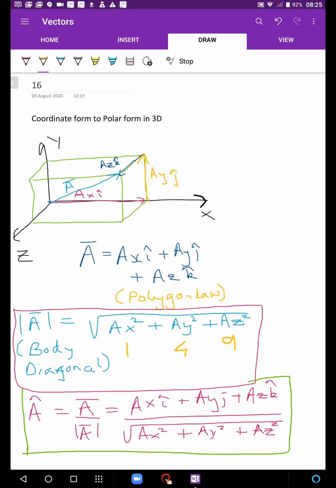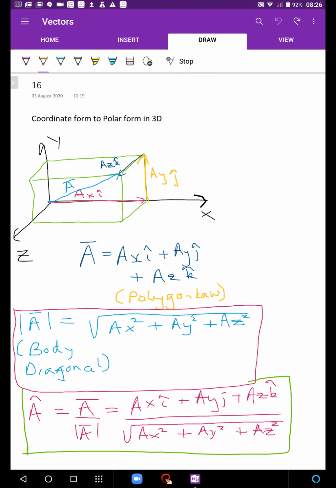Okay. And what is A cap representing in the figure? Any A cap will always represent a unit vector in the direction of A bar. B cap will always represent a unit vector in the direction of B bar. So A cap is actually a vector of magnitude 1 along A bar. Got it?